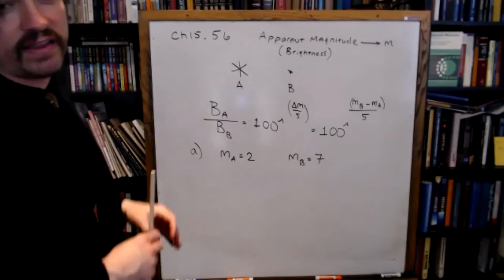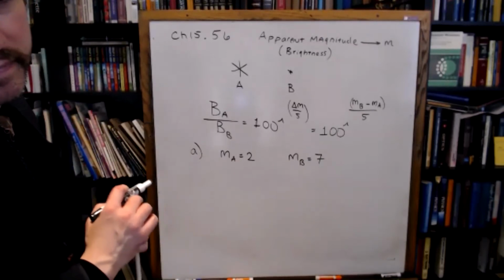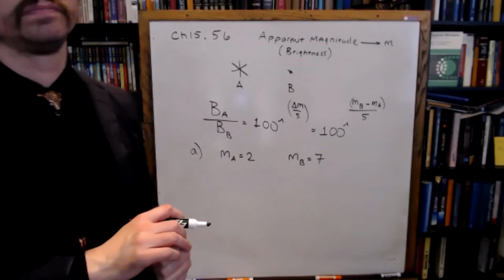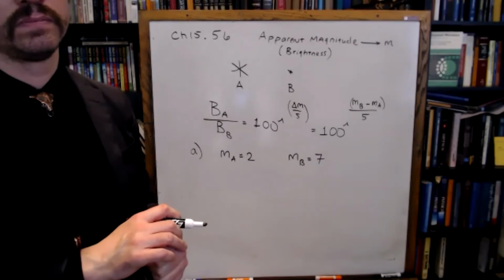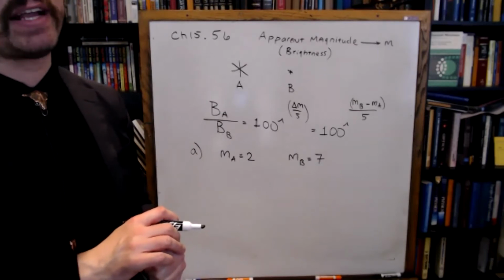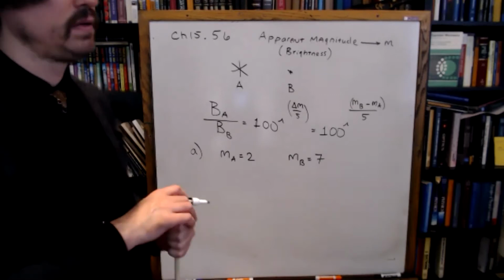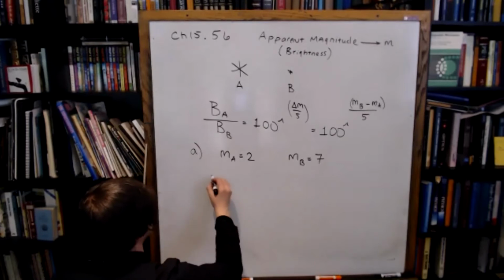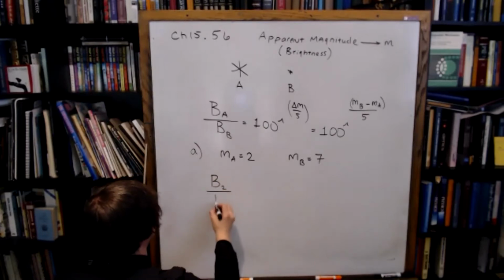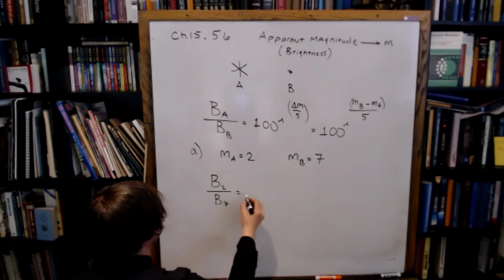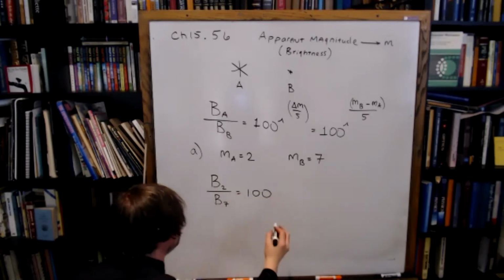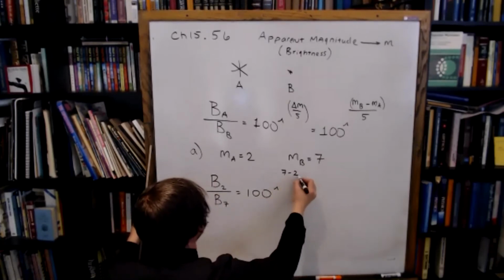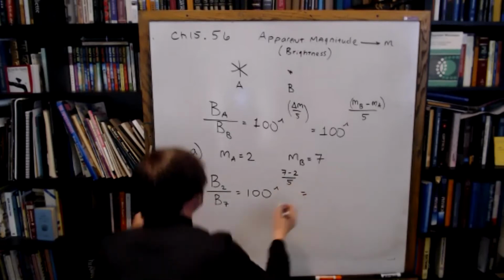Can you guys tell me how to set this up? 2 over 7. No, this is magnitudes, not brightness. Oh. 7 minus 2 over 5. All right, that's good. So let's set it up like this. The brightness of the magnitude 2 star to the brightness of the magnitude 7 star is the number 100 raised to the power of just what you guys said: 7 minus 2 divided by 5.